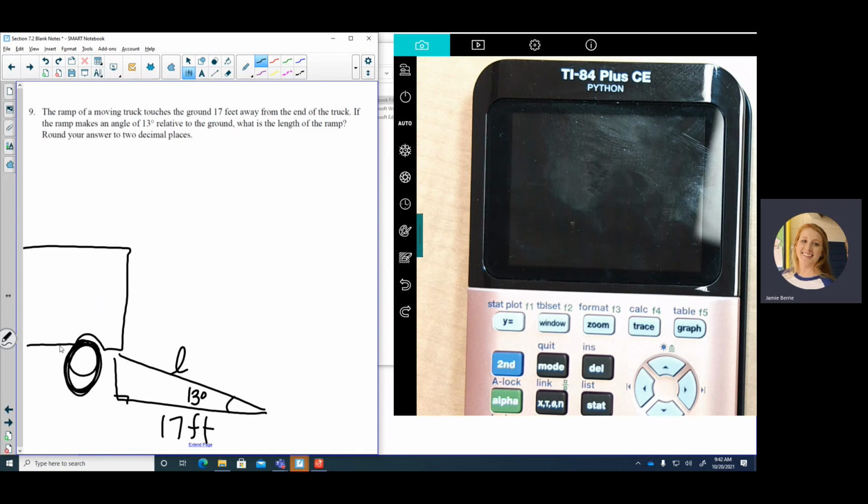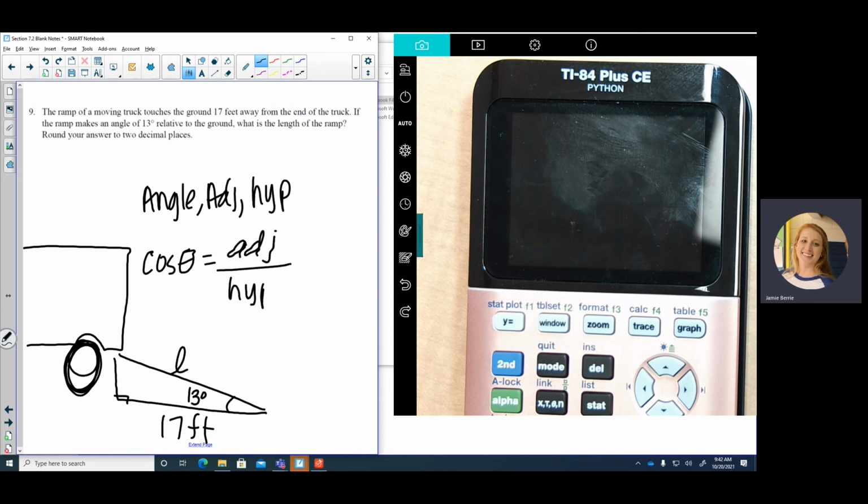So here we have the angle, the adjacent, and the hypotenuse. All right, so that would be cosine. Cosine theta is adjacent over hypotenuse. So you would just plug in 13 degrees for your angle.